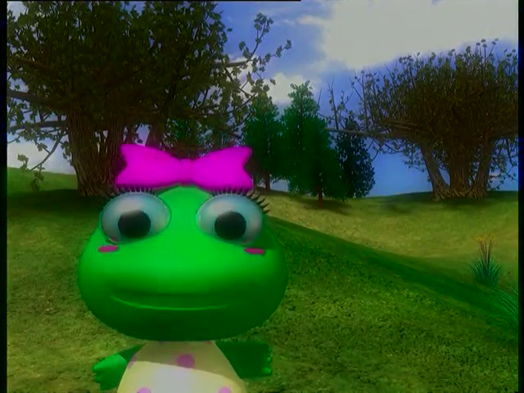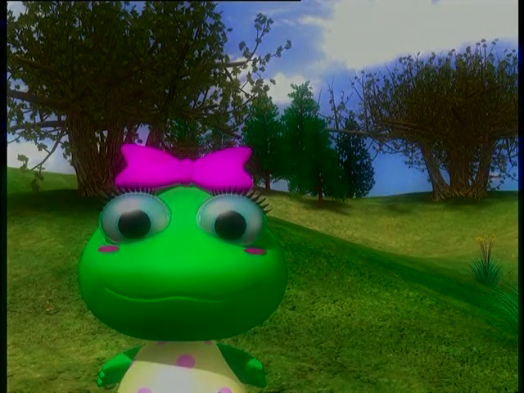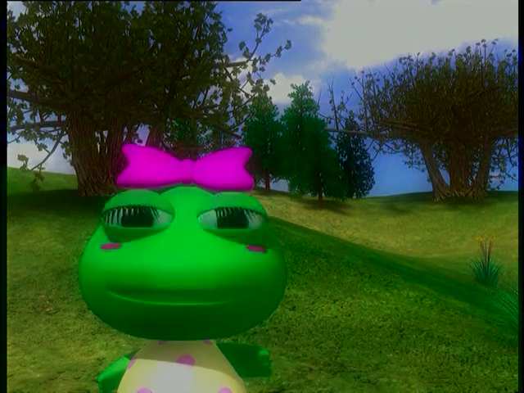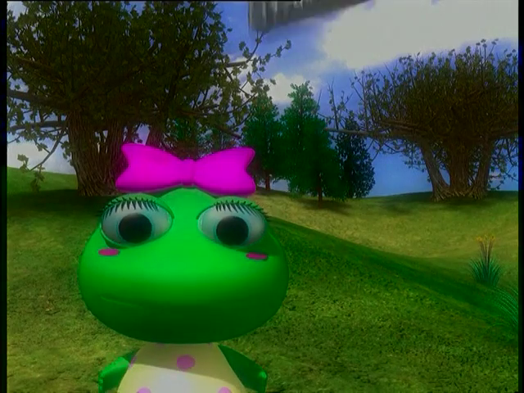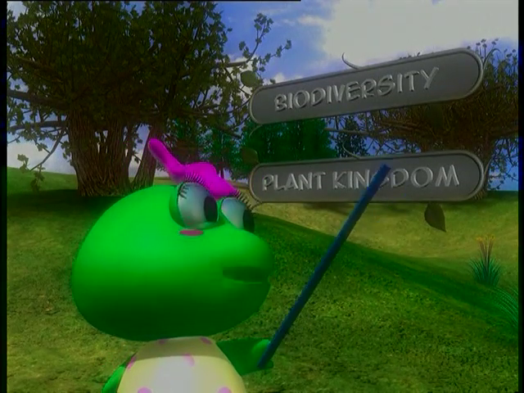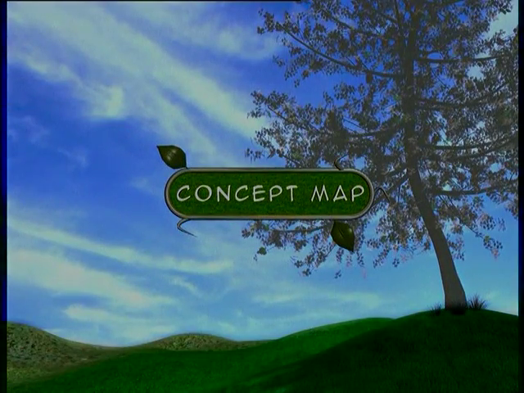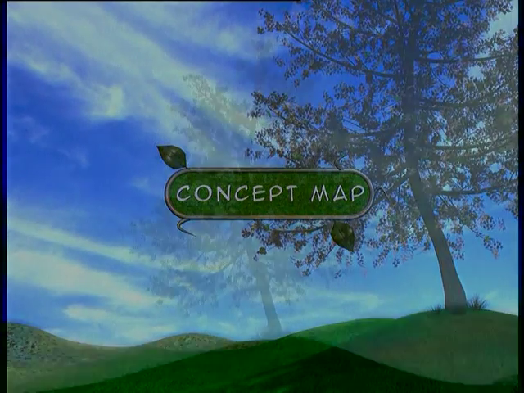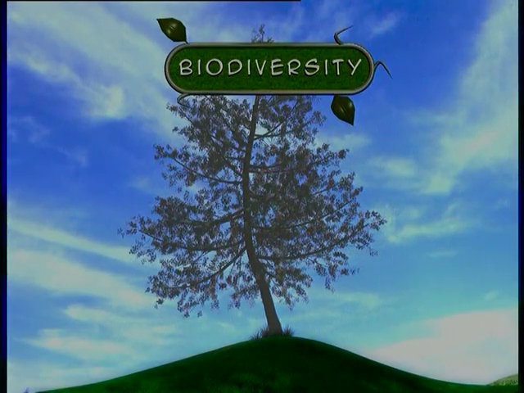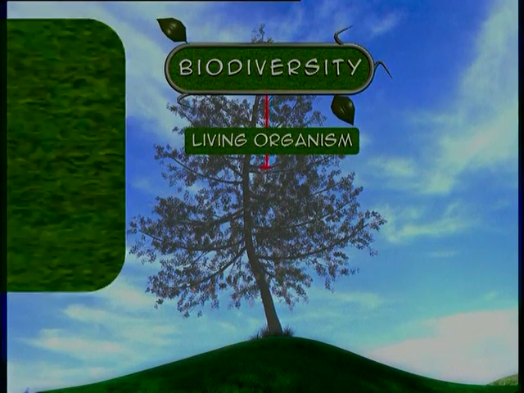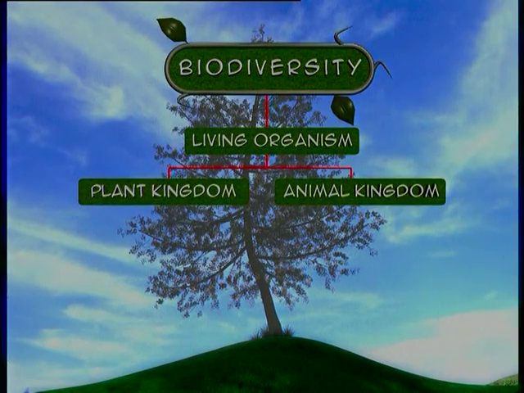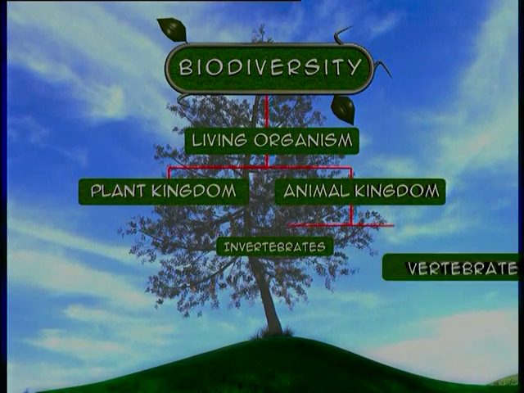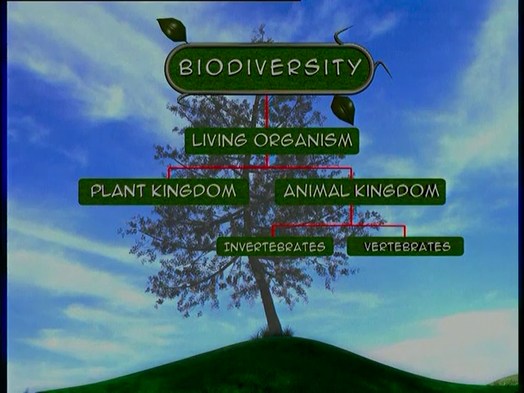Phew, we've learned quite a lot today. Let's look at the concept map of biodiversity again and add in the bits that we've gathered on the plant kingdom. Concept map. Biodiversity. Here we have living organisms. Then we have the plant and animal kingdoms. The animal kingdom is divided into two groups, invertebrates and vertebrates.